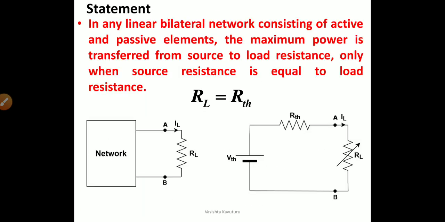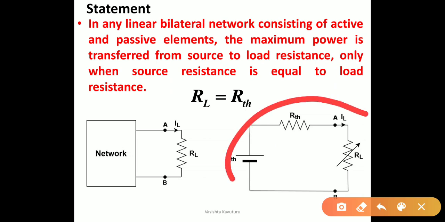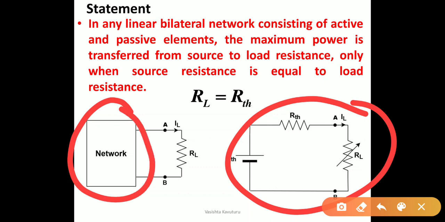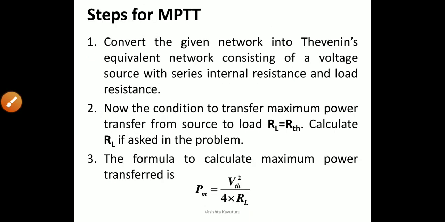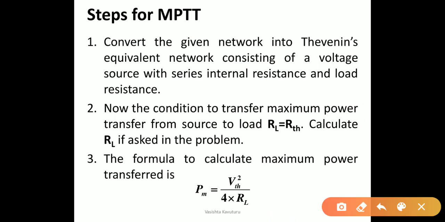By using the Thevenin theorem, which was already covered in the last videos, we form this circuit. So by applying the Thevenin theorem, the entire network can be reduced into the Thevenin equivalent circuit connected with the load resistance. That is the first step.